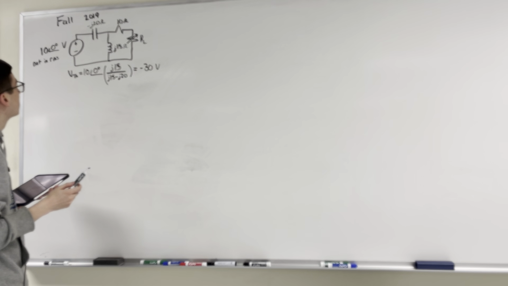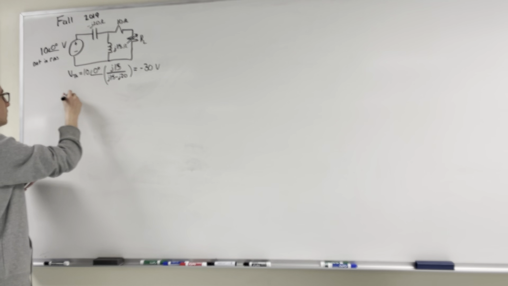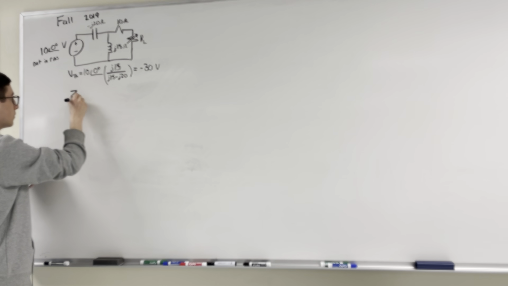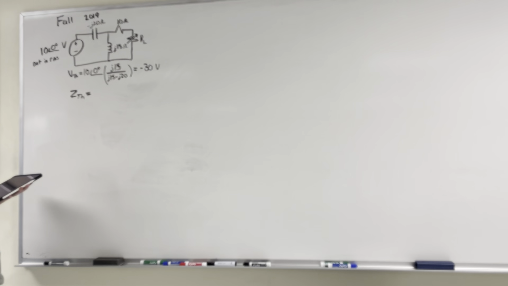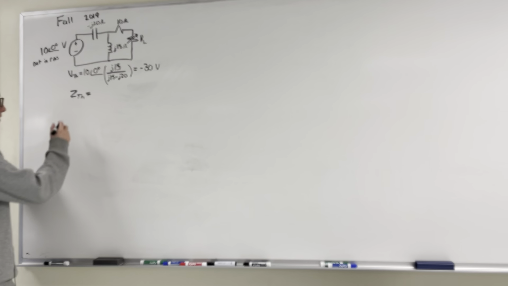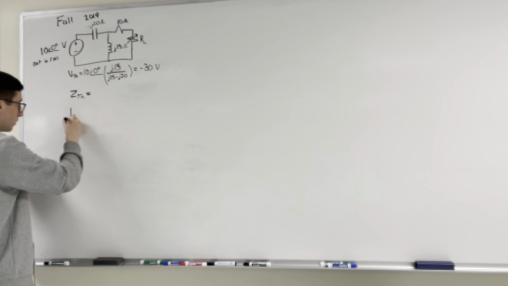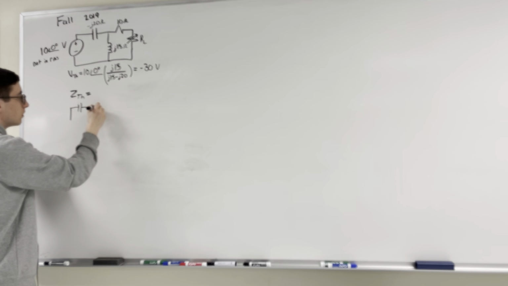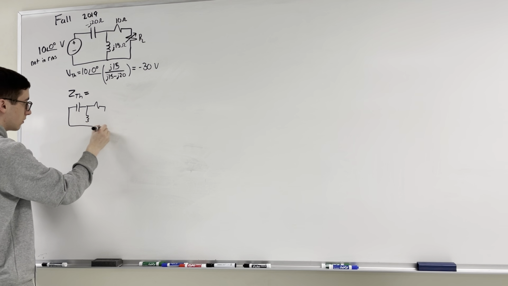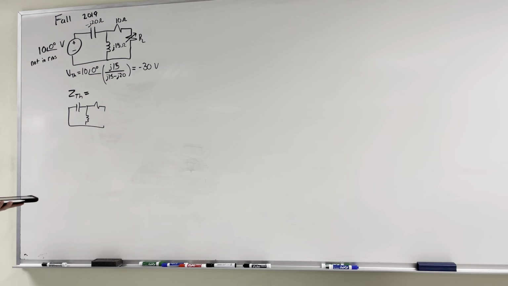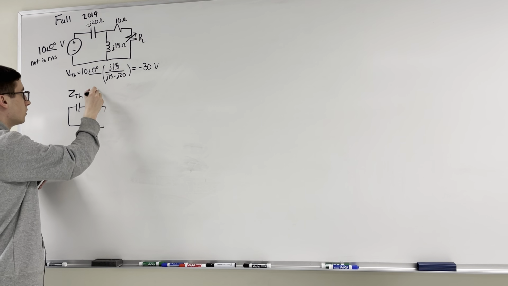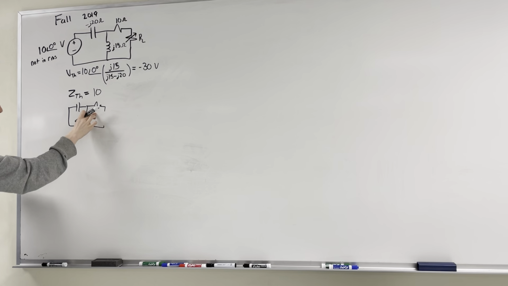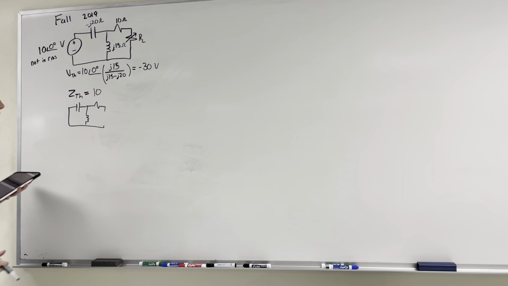Okay. And now Z_TH is pretty simple as well. When you find that, make sure you turn off the source, so you have something that looks like this. You're going to see that this 10 ohm resistor is in series with these two parallel components.